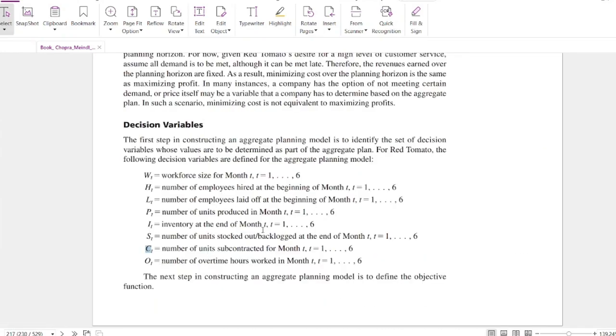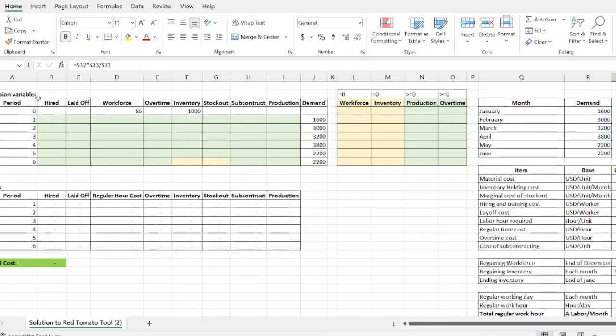Accordingly, I have taken these things. The number of employees hired, laid off, workforce is the current number of employees, overtime, inventory, stock out, subcontract, and production, and then the demand finally.